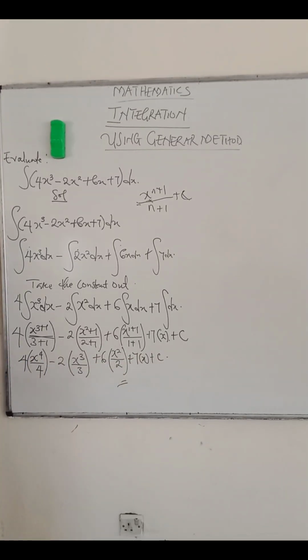So now what are you going to do? You can see 4 is there, they cancel each other, so the 4s eliminate each other. 2 goes into 6, 3 times. Is that not so?